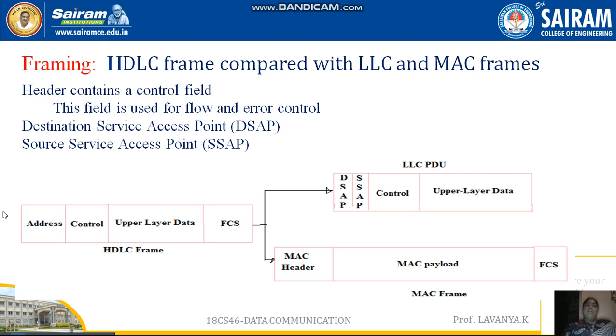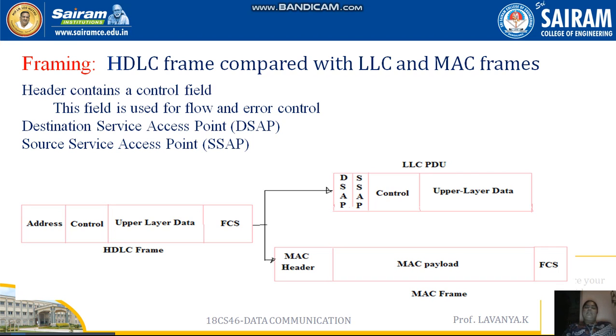Then what is the HDLC address? The address contains both the destination address and the source address. The address and control field control all the data within a period of time. The upper layer data, from the application layer, is contained in our HDLC frame.